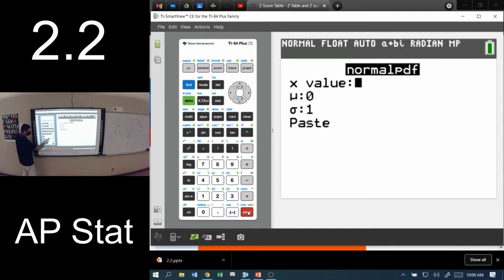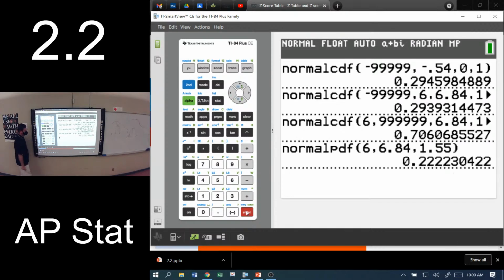So if you put 6 and you put, what was it, 6.84? Close. And you put 1.55. It's not 22%. So don't use PDF because you didn't tell it even where to go. You just gave a value.